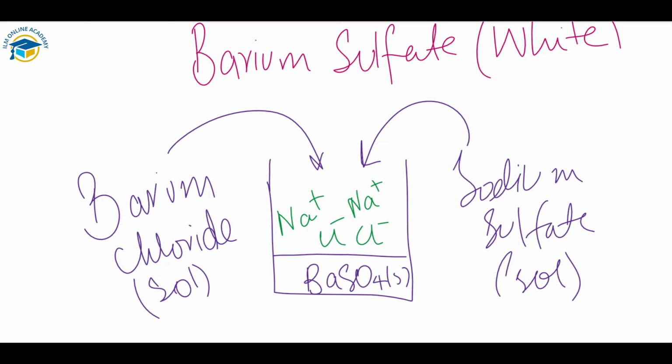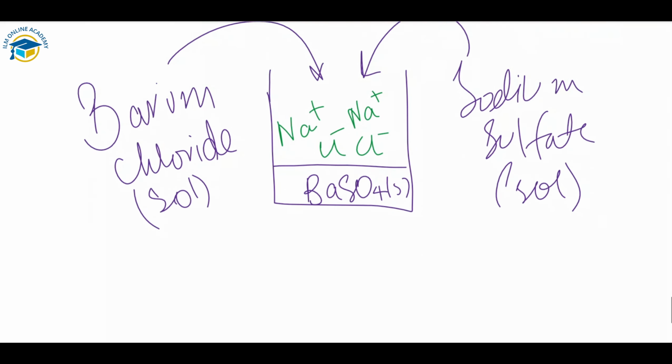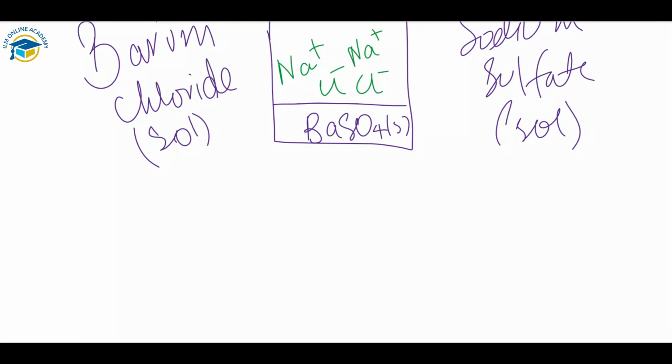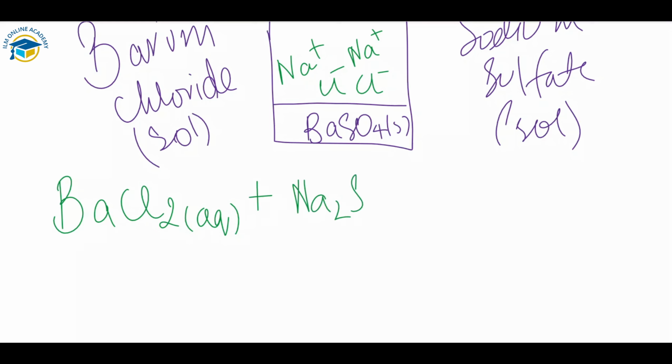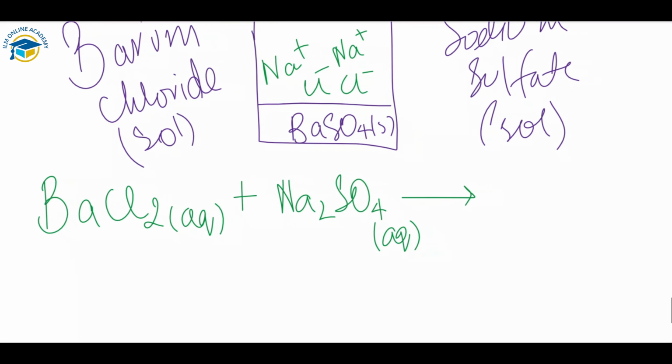So the equation for this reaction will be: we have barium chloride, the aqueous solution, plus sodium sulfate, Na2SO4, also an aqueous solution, because both of these salts are soluble. So you can prepare the insoluble salts by using two solutions of soluble salts.